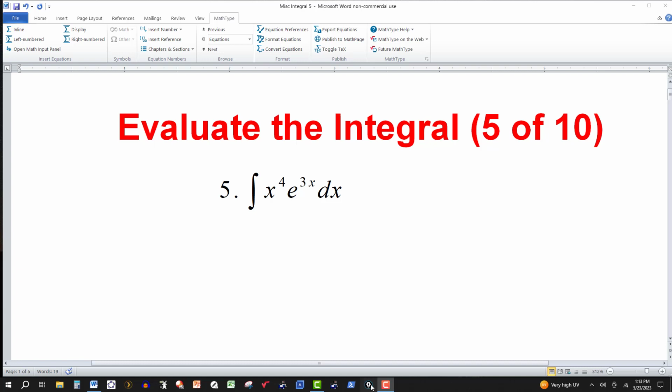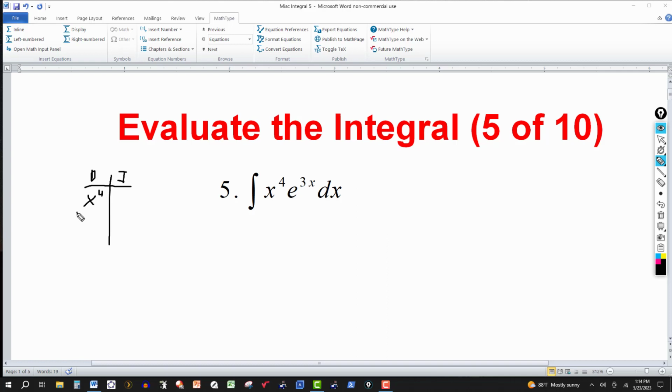In this case we have one term that is x to the fourth, the other one is e to the 3x. E to the 3x is easy to differentiate or integrate. X to the fourth, no problem. We have one column for the derivative, one column for the integral. On the derivative column we're going to put x to the fourth, and then we're just going to differentiate.